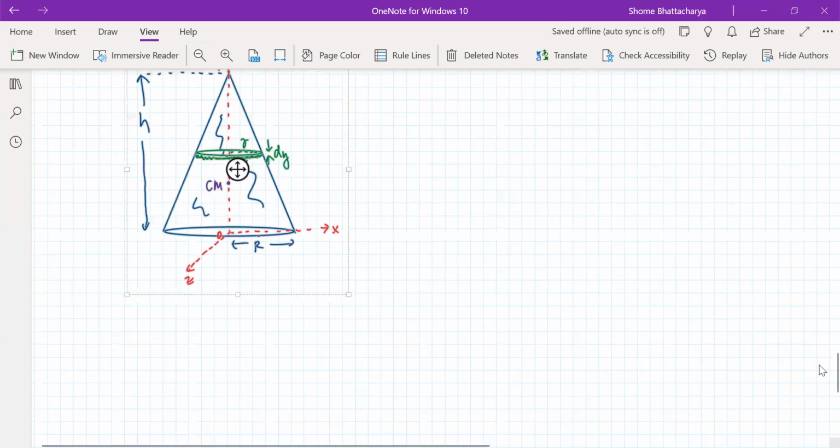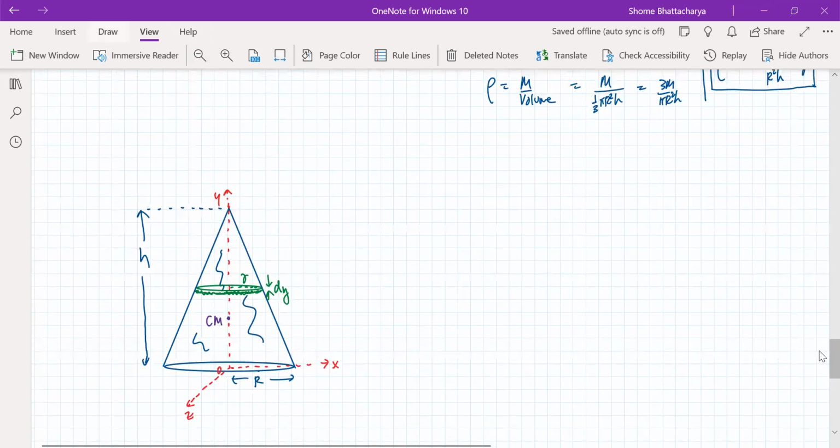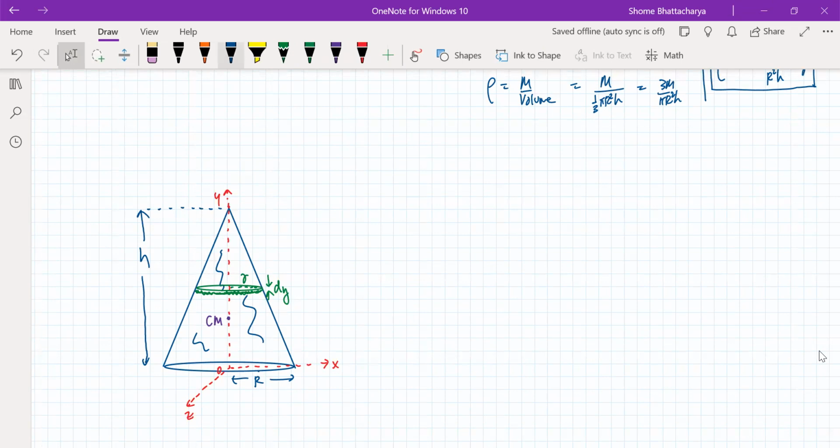Instead of locating the disk from the origin which is at the base, we will locate the position of the disk from this apex point. So from this point, if the disk is at a depth of, let's say, y, it's just like a negative y coordinate basically.